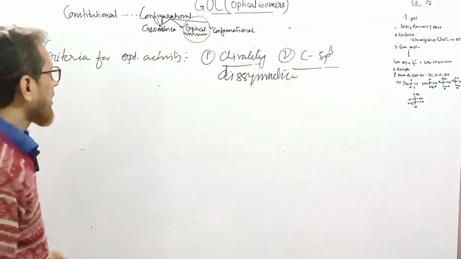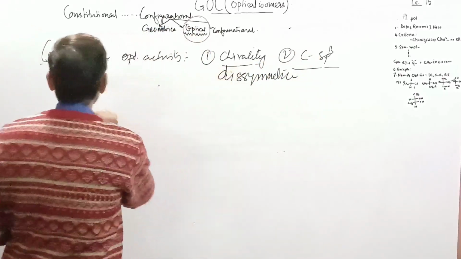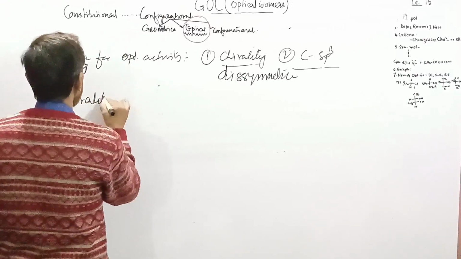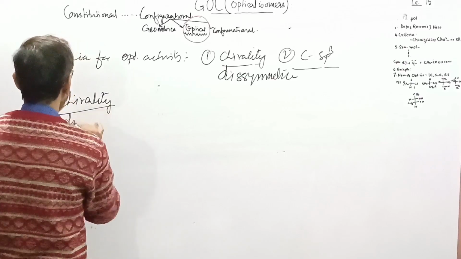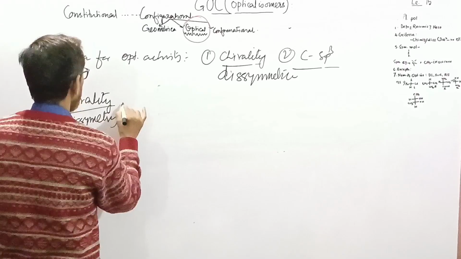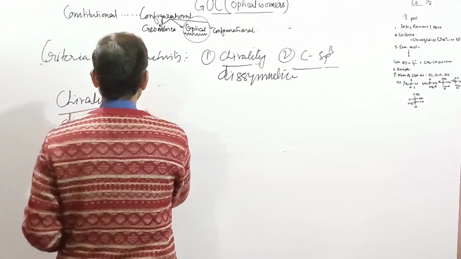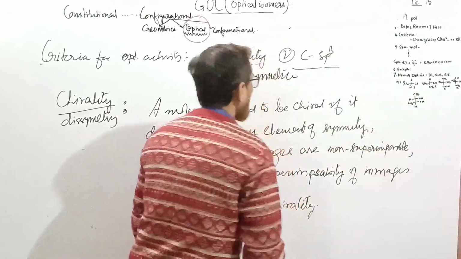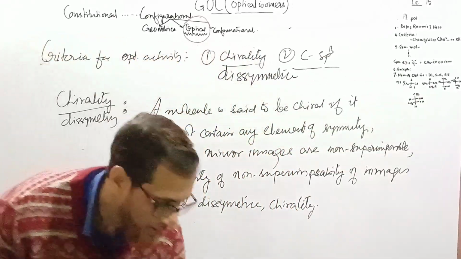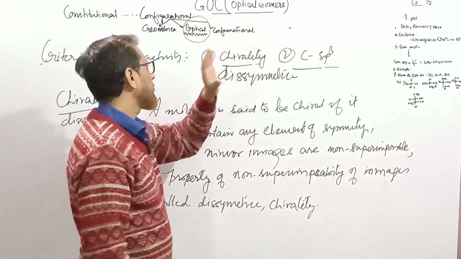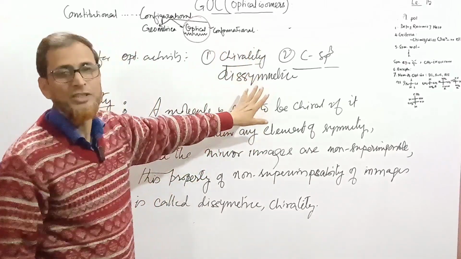Now let us explain what is chirality. The main important criterion for a compound to be optically active is that the compound should be a chiral one, or the compound must be a disymmetric one.